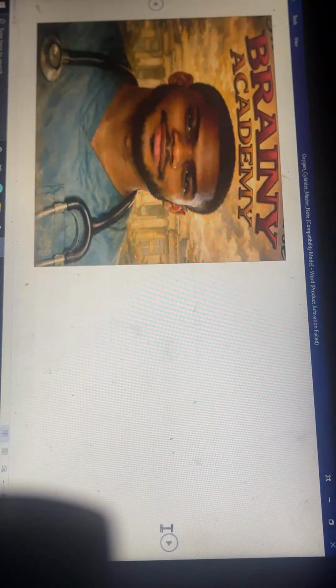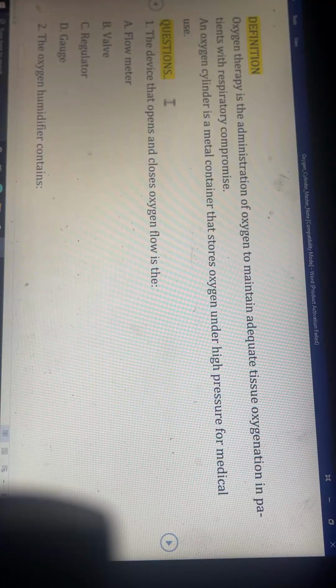Now, we'll discuss oxygen administration. Oxygen therapy is the administration of oxygen to maintain adequate tissue oxygenation in patients with respiratory compromise. So, this oxygen is being given to a patient that cannot breathe on his own.